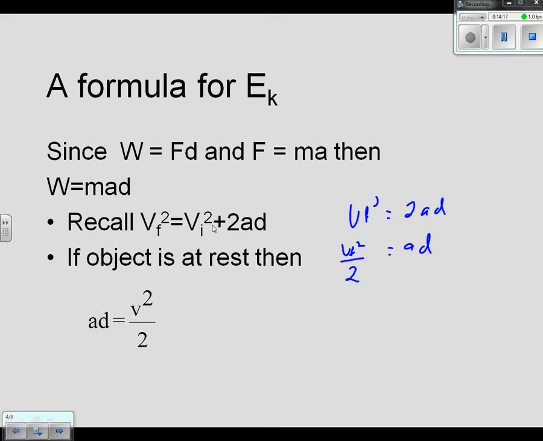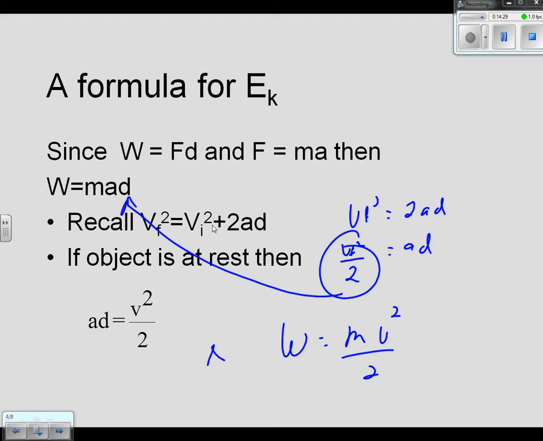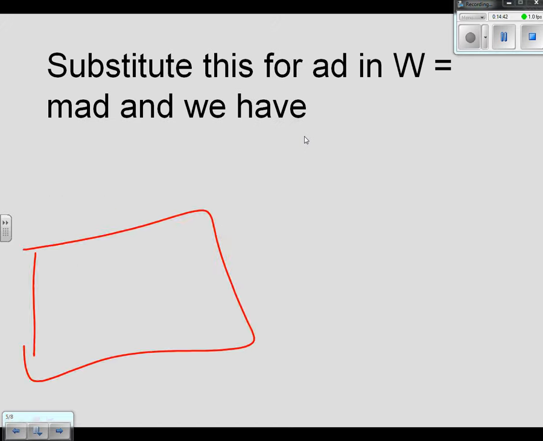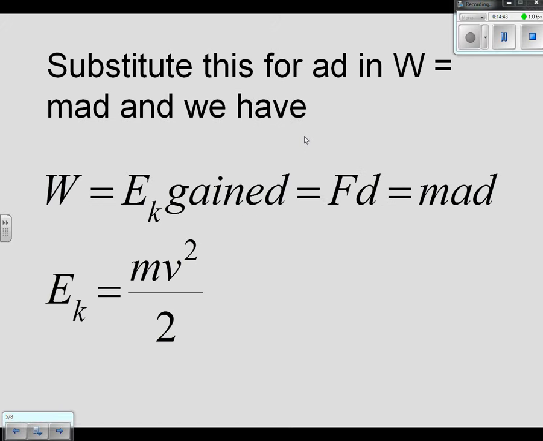And I'm going to take that and plug it in for AD right there. So work done is equal to mv squared over 2. And the work done is what? The change in kinetic energy. If I started at rest, I had 0 kinetic energy at the start. So whatever work done becomes the actual kinetic energy, and you get EK is equal to mv squared over 2.